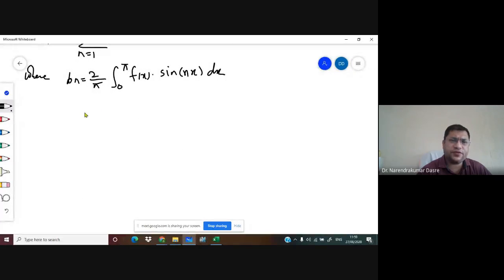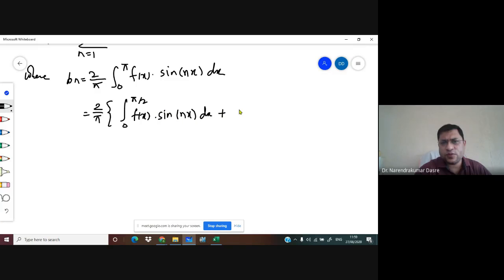And hence we have this is equal to 2 by pi integral 0 to pi by 2 f of x sine of nx dx plus integral pi by 2 to pi f of x sine of nx dx.